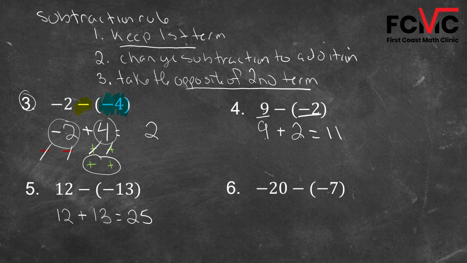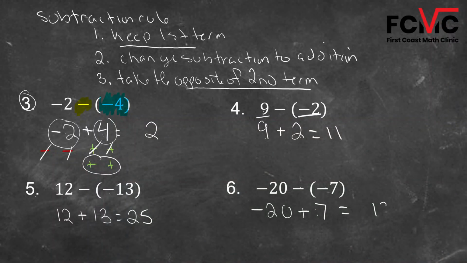And number 6, keep the first term, so we're going to keep the -20. Change subtraction to addition. Take the opposite of the second term, so -7 is going to become positive 7. So we get -20 plus positive 7. So now we want the difference. Well, what's the difference between 20 and 7?